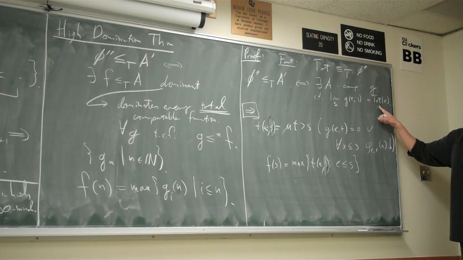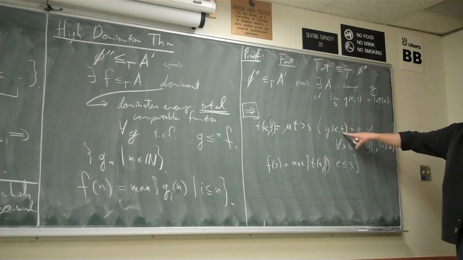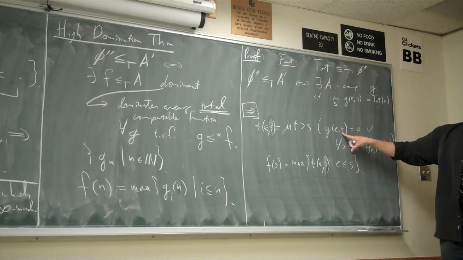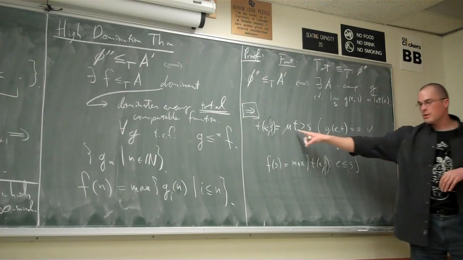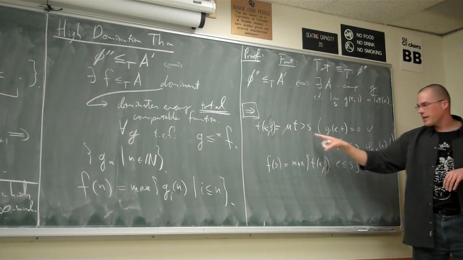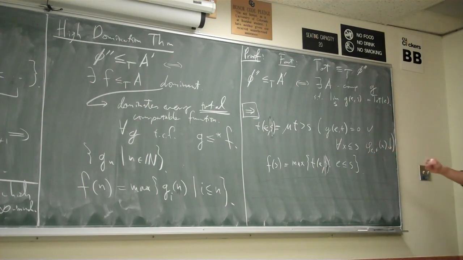How does your limit become equal to either 0 or 1 in this case? If from some point on your guess is correct. So for sufficiently large t, it gives output 0 if it's partial, it gives output 1 if it's total. So now what is this search? We're looking for the least t greater than s such that this happens. What are we searching for?